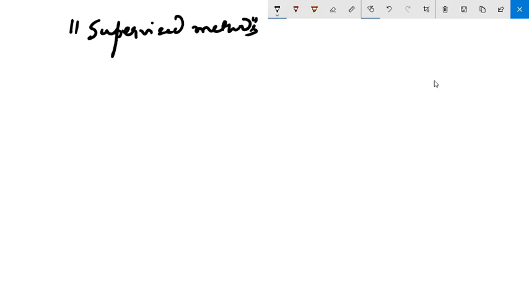First approach is agglomerative, and second one is divisive. Agglomerative approach is sometimes referred to as bottom up or clumping, and divisive approach is referred to as top down splitting.